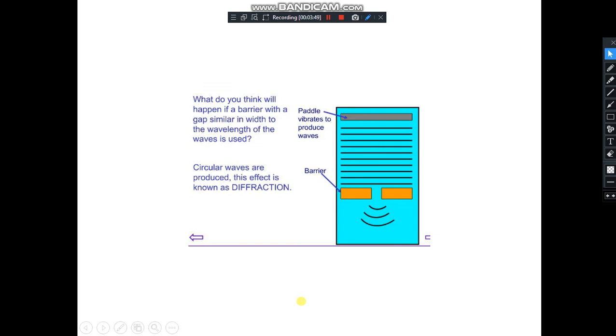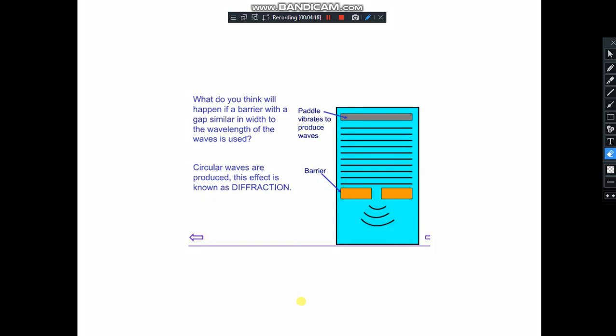The waves bend at the corners of the barriers, and this phenomenon is termed diffraction. Circular waves are produced. This effect is known as diffraction.